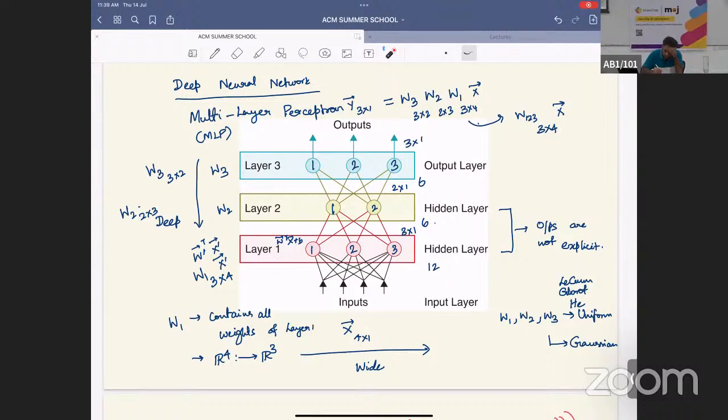So now the third one has also 4 weights. But what is happening? All these sets of 4 weights, there are 3 sets of 4 weights. Everyone agree? The hidden layer 1 has 3 sets of 4 weights, but each of them is multiplying the same input vector, right?